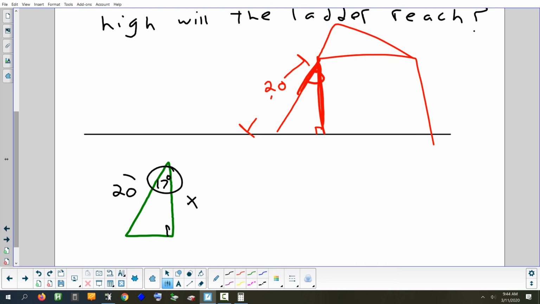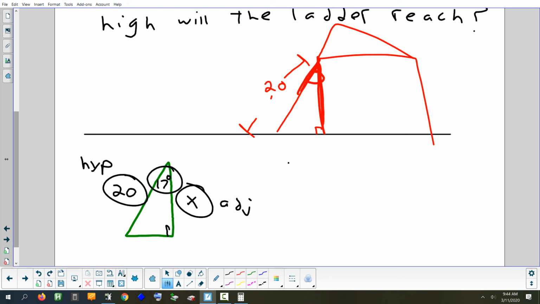All right, using that to find that. So what's the 20? It's your hypotenuse. And what's the X? It's the adjacent. So you know the hypotenuse, you want the adjacent. Which trig function out of sine, cosine, and tangent has those two?